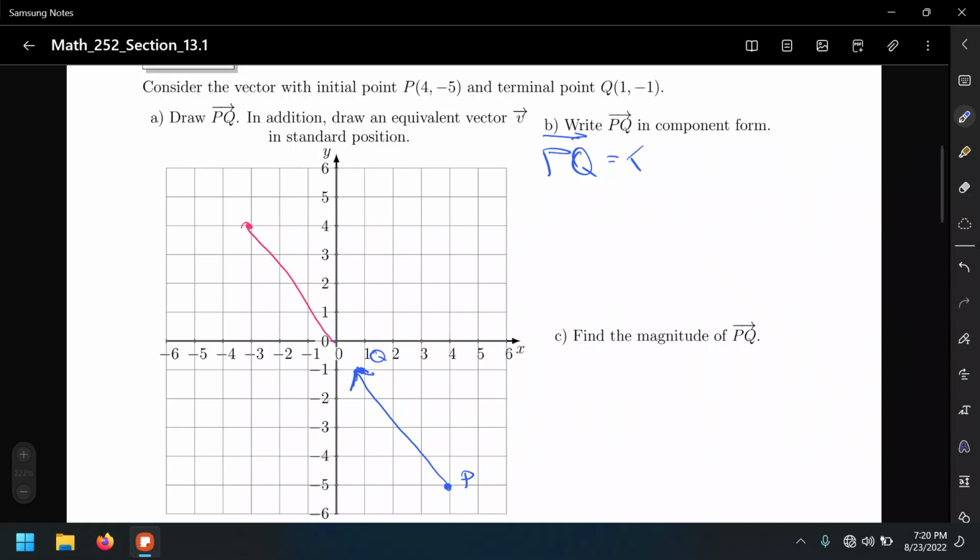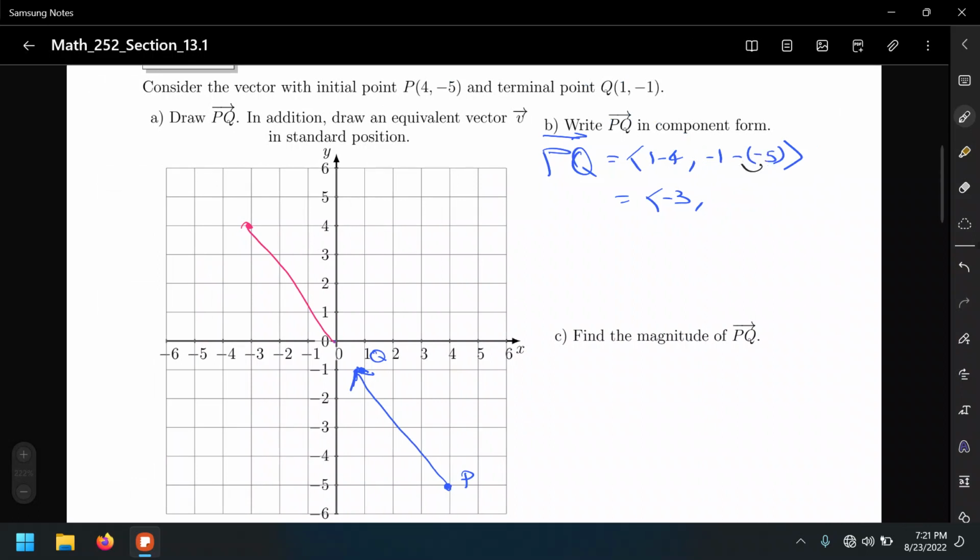It's always in that direction. Terminal minus initial. The x terminal minus x initial, which is 1 minus 4, comma, negative 1 minus, be careful here, negative 5. Okay, so 1 minus 4, that's negative 3. And 1 minus negative 5, what happens here?